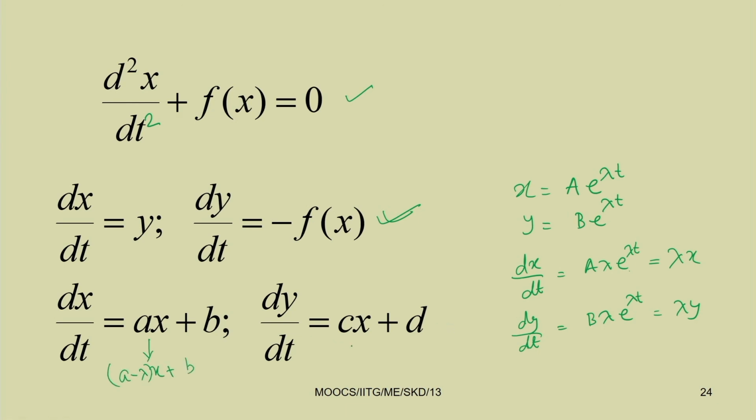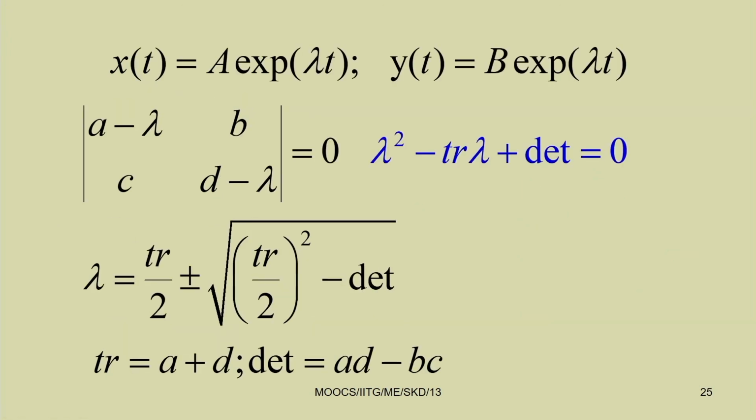Similarly, here we can write cx plus (d minus lambda) y equal to 0. This way we can write these two equations. Or we can write this in matrix form: [a minus lambda, b; c, d minus lambda] must be equal to 0.